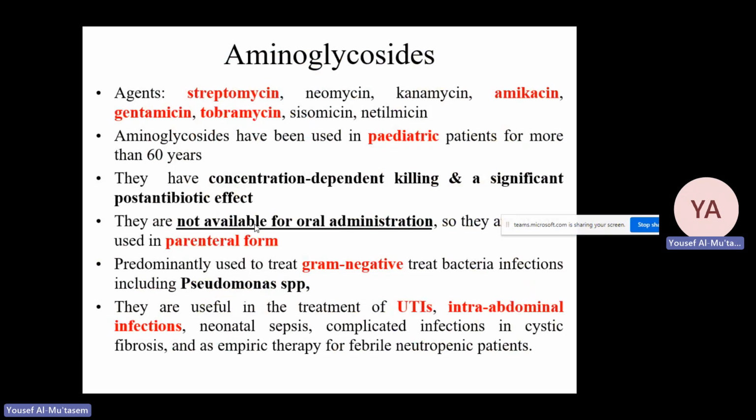Do they have any other side effects? Yes, they could have a neuromuscular blocking effect, which is a muscle relaxing effect. This mainly happens when we administer this medication intraperitoneally, and if it happens, this can be stopped immediately by calcium gluconate or by the use of neostigmine.